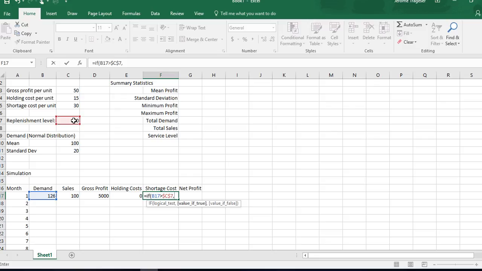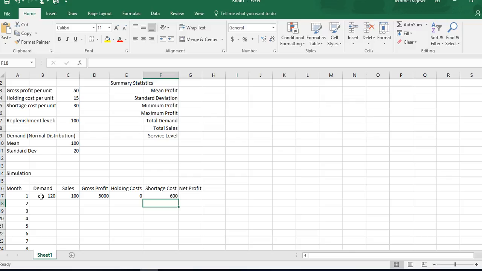So we want to take the demand minus the replenishment level. That is absolute. Now multiplied by the shortage cost per unit. This is our $30. If not, it takes on the value of 0.